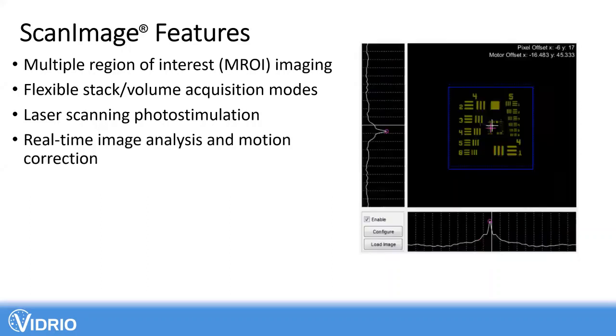You can do real-time image analysis and motion correction with the stages. It's hard to do fast motion correction, as you guys know, depending on what your imaging rate is. So there are limitations for those reasons. There's also 3D motion correction, which is mostly for slow motion, like drift, that can be corrected for.